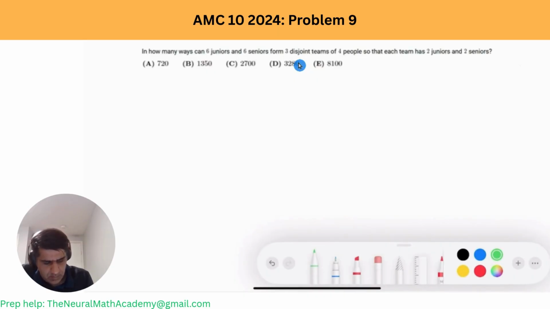So for team 1, we have 6 seniors available and we are choosing 2 people from them. Similarly, we have 6 juniors available, and we are selecting 2 from them.